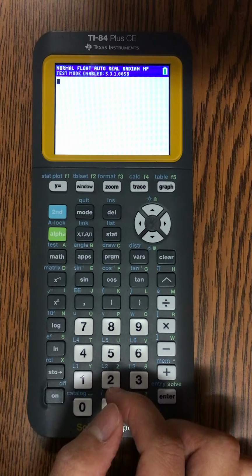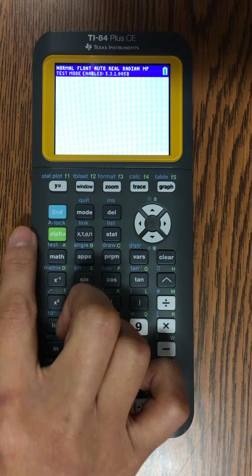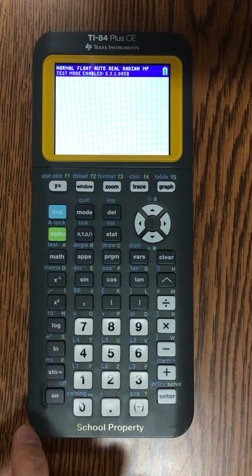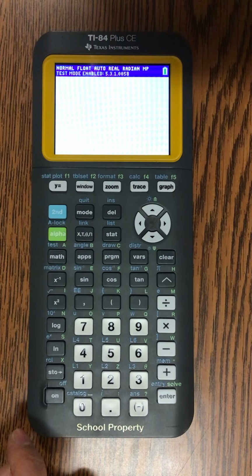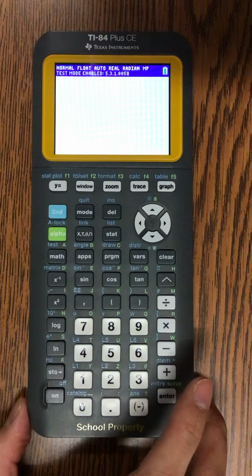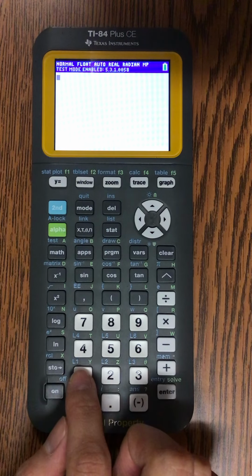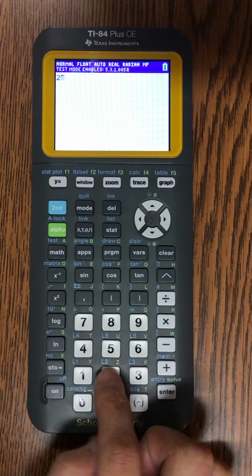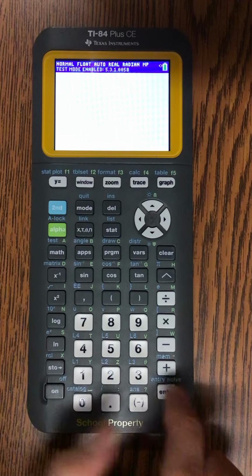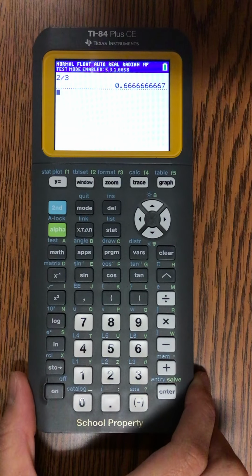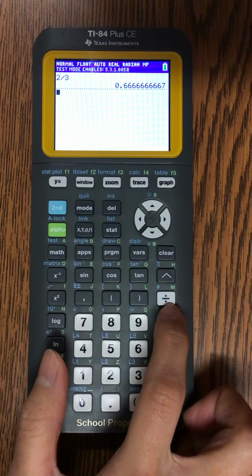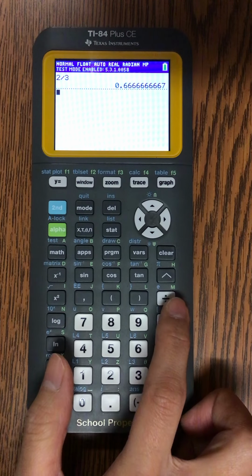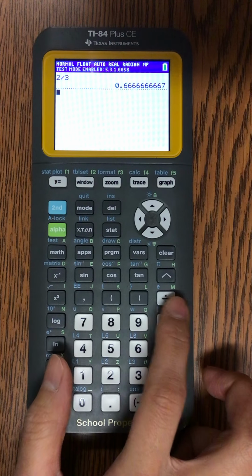So now let's talk about using fractions and decimals and how you can convert them. Let's say I wanted to convert a fraction into a decimal. The fraction button will always be the division symbol because it's equivalent to a fraction.